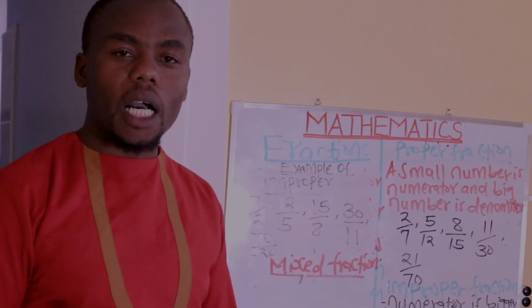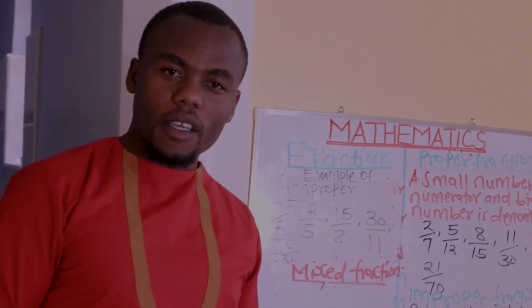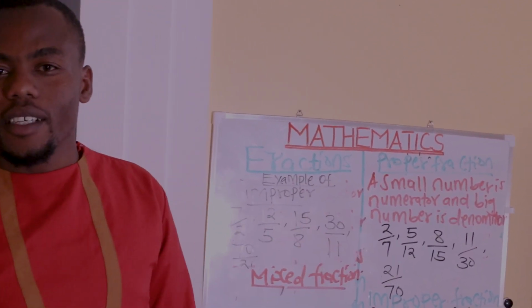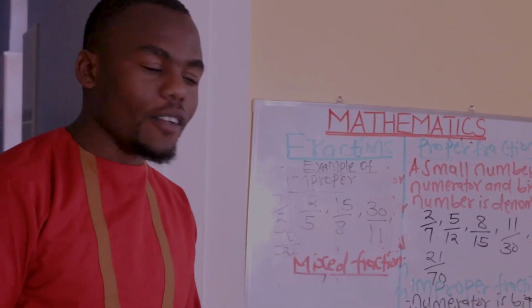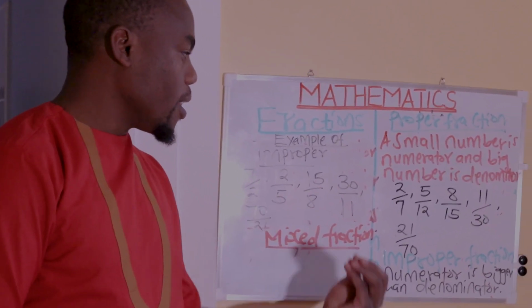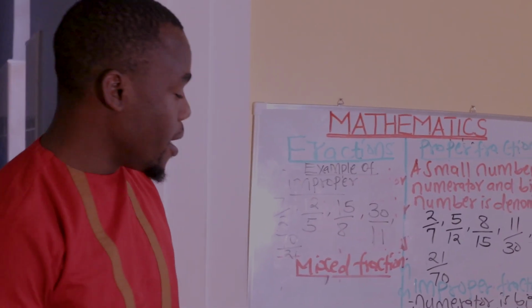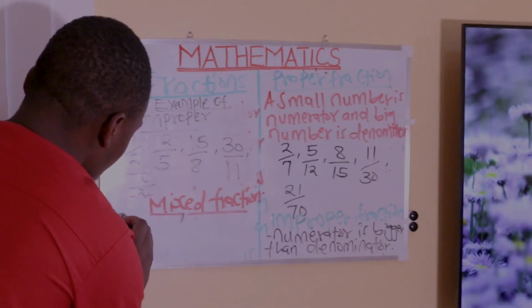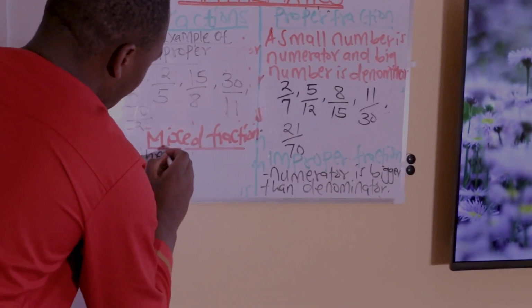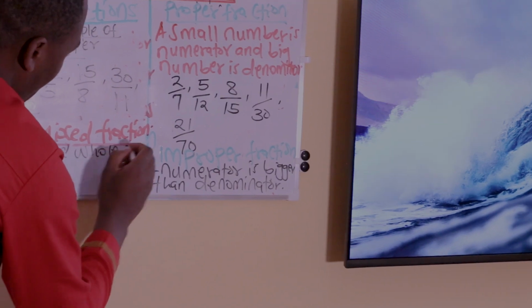For example, if you're carrying fruits, you're carrying a whole fruit accompanied by pieces of that fruit. So part of that fruit is a proper fraction. Then the whole fruit caters for the whole number.